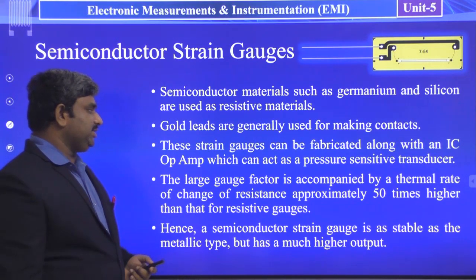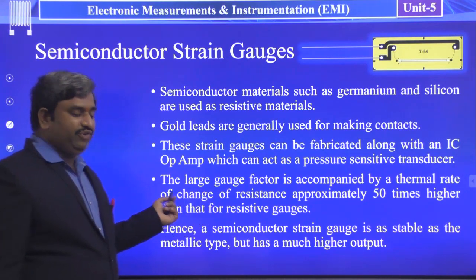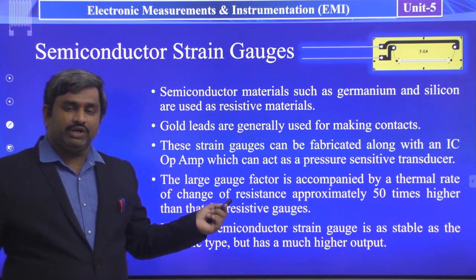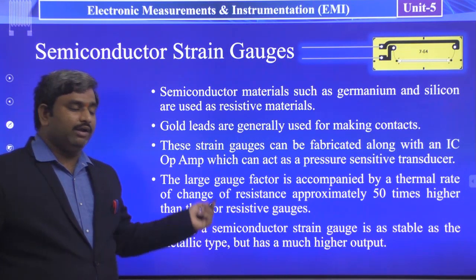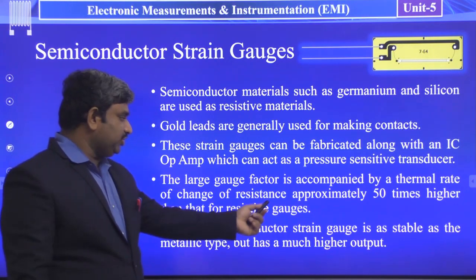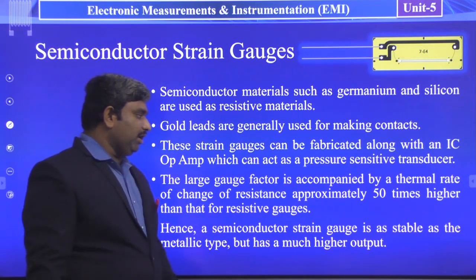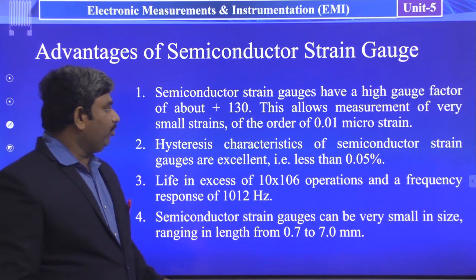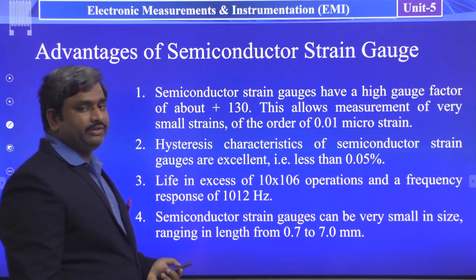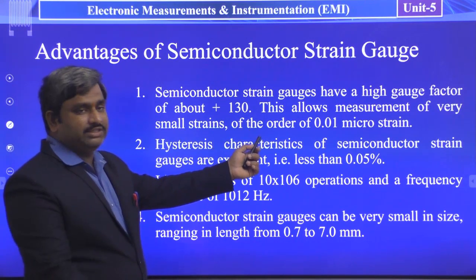The large gauge factor is accomplished by a rate of change of resistance approximately 50 times higher than the wire resistive gauges. Hence, the semiconductor strain gauge is as stable as the metallic type, but with a much higher output. Semiconductor strain gauges have a high gauge factor of about plus 130, the K value.